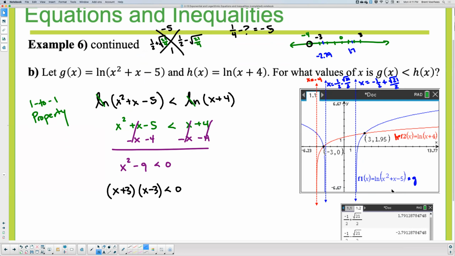And so honestly, we would need to test in between -4 and -3. We would need to test between -3 and -2.79. We need to test between -2.79 and 0. We need to test between, no, we don't need to test between 0. I added that. Anywhere between -2.79 and 1.79.